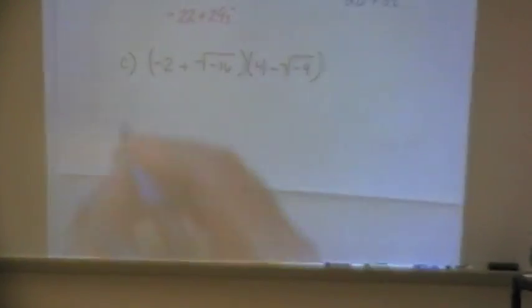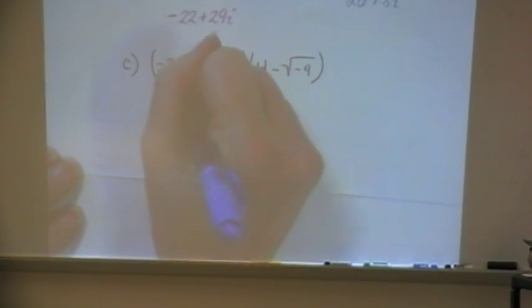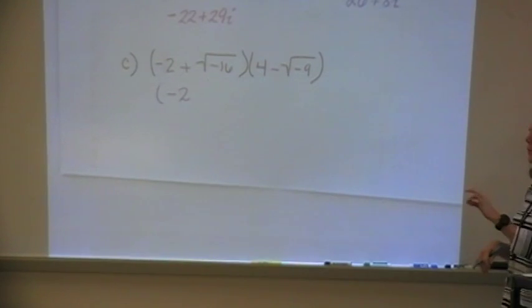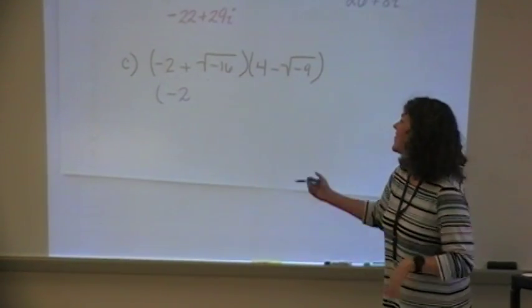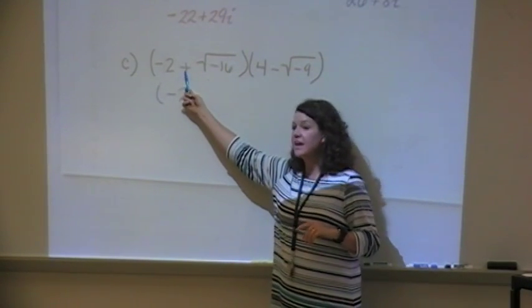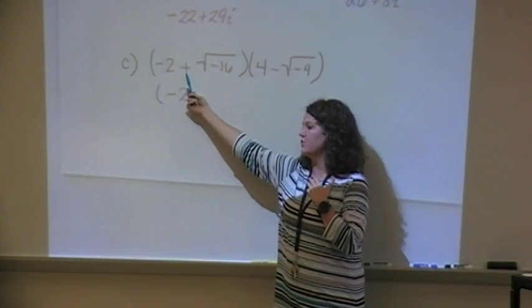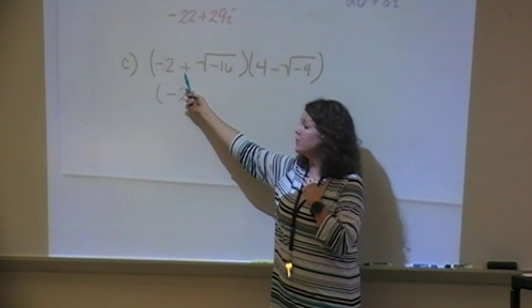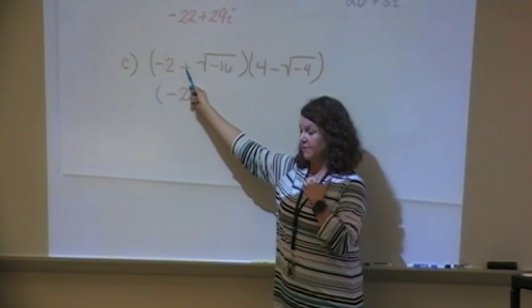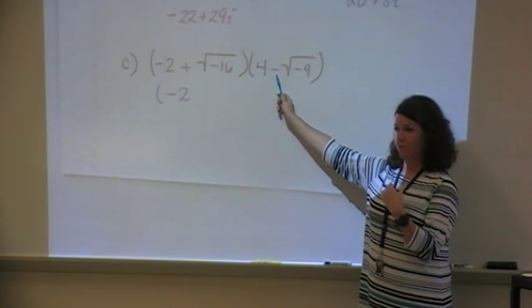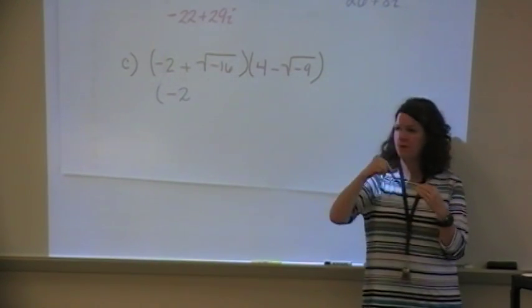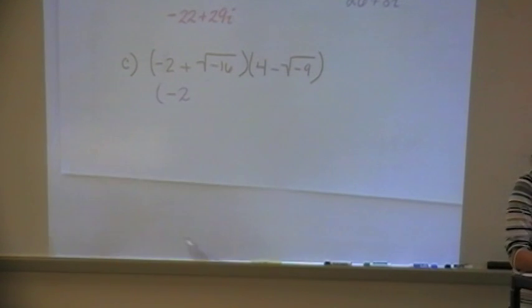So I'm going to make this -2. Now, when you take the square root of a number, there's two answers, but we assume this sign to indicate to us which answer they want us to use. So on this first binomial, they want us to use positive 4i. And on this one, they want us to use negative 3i. We're assuming the value in the middle shows you which one you're supposed to use.